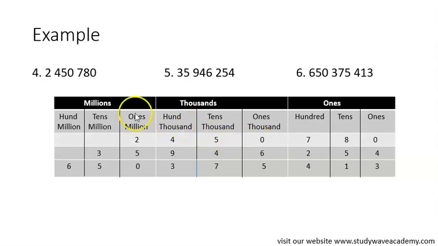Okay, we have the millions, thousands, and ones, and under ones we have 100, tens, and ones, and under thousand we have 100,000, tens thousand, and ones thousand. And under millions we have 100 million, tens million, and ones million.